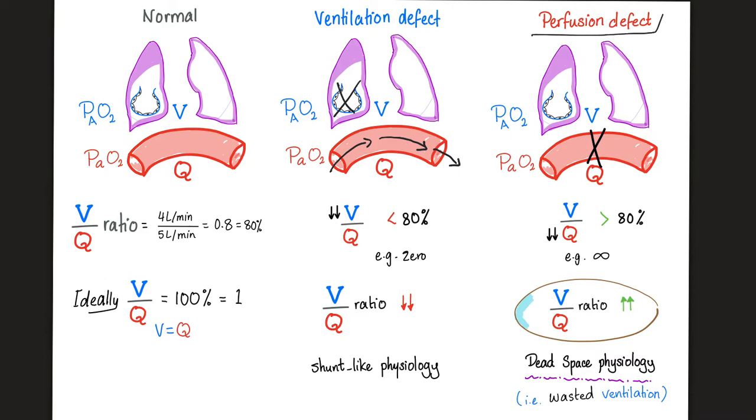The third story, which is today's story, the perfusion defects. You cannot perfuse this, but ventilation is happening. But this is wasted ventilation because it's being ventilated but not perfused. We call this wasted ventilation or dead space physiology. The VQ ratio has increased and the dead space has also increased.